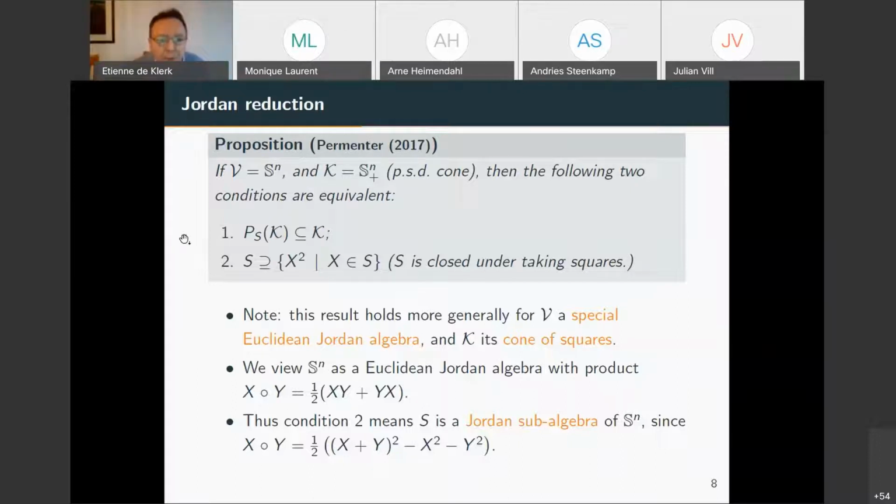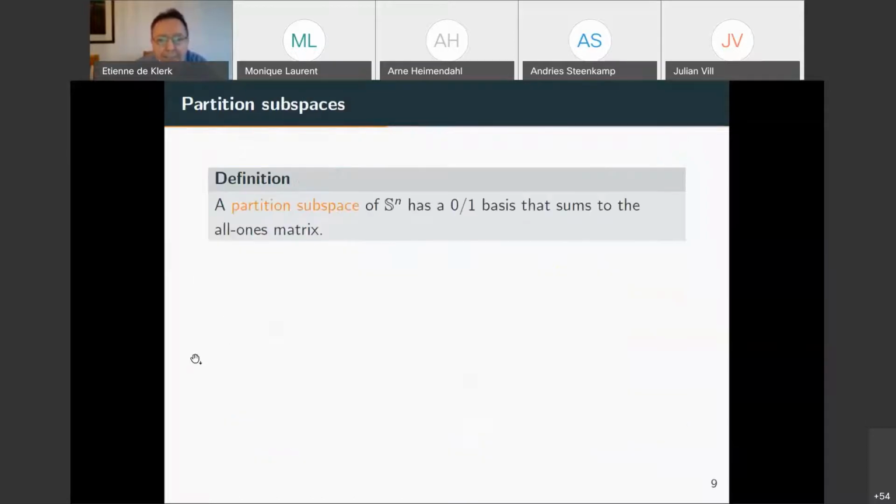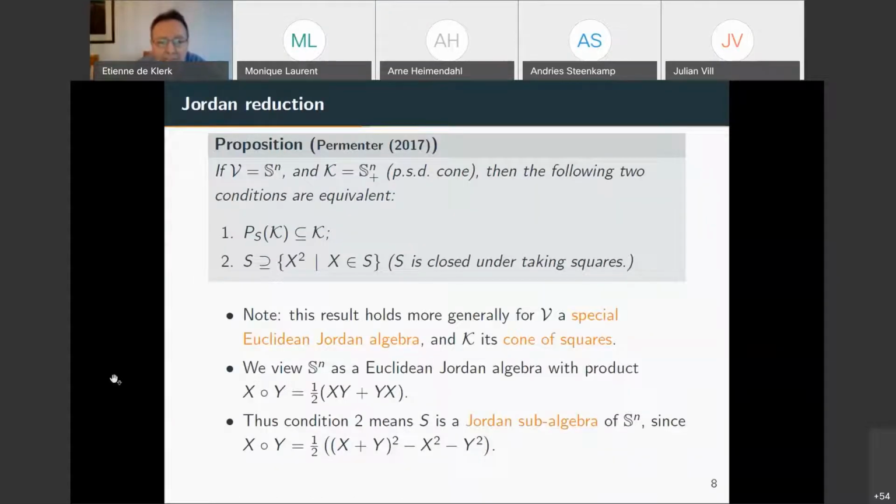This compositivity condition is well understood in the case of the positive semi-definite cone. So the problem is just that if we look at general admissible subspaces, there is no real computational procedure to try and find them. It's too complex.